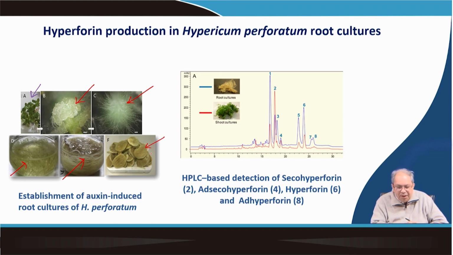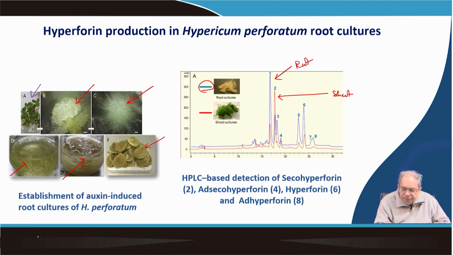Then what they have done is compare the production in shoot cultures and root cultures. Red is from the shoot cultures, and blue is from the root cultures. What you see here is secohyperforin, which I have marked number 2, and then hyperforin, number 6.